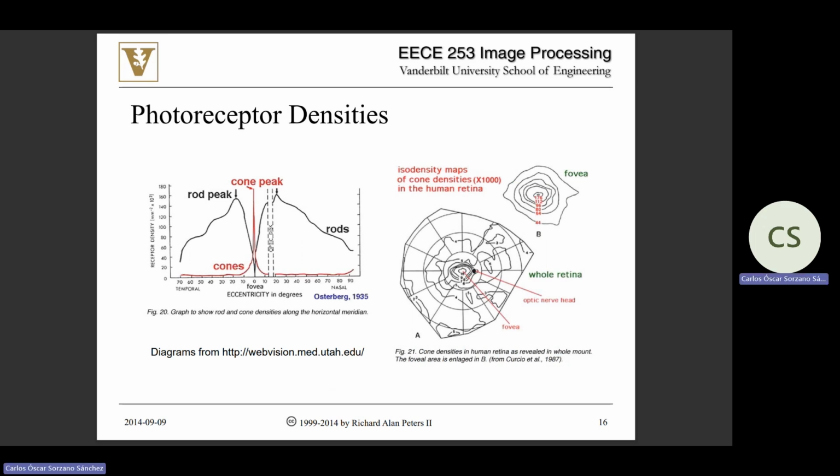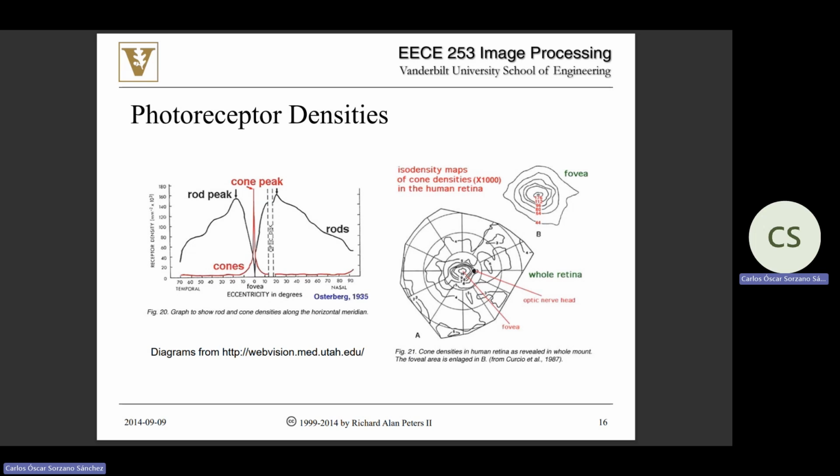Here is another representation of this density of receptors. So you have here the fovea. In the fovea, the concentration of cones is maximum, and the concentration of rods is minimum. So we have very few rods at the fovea.